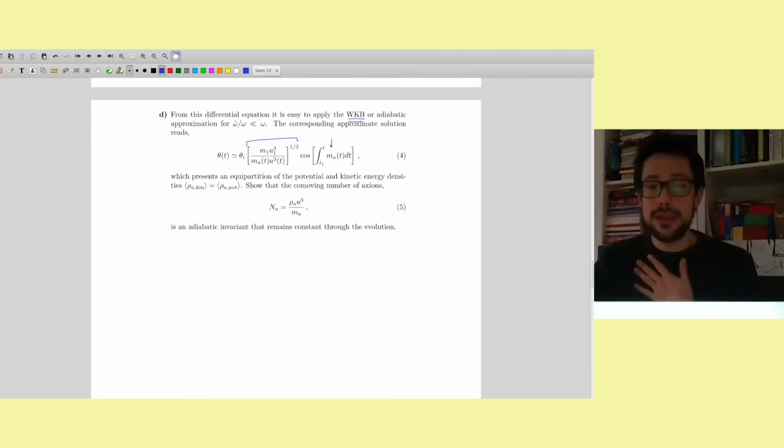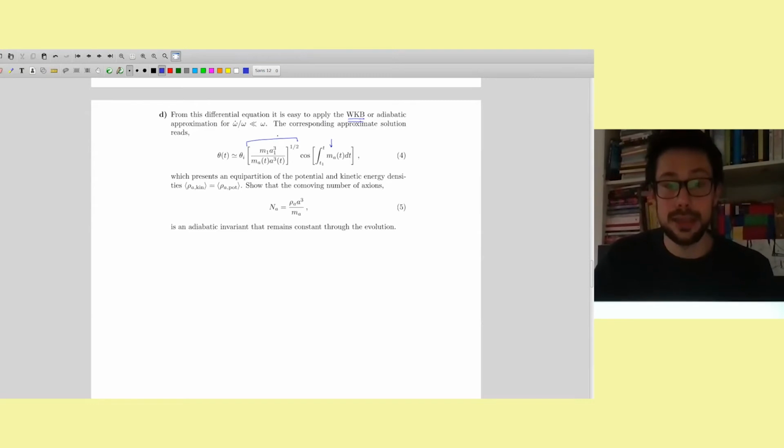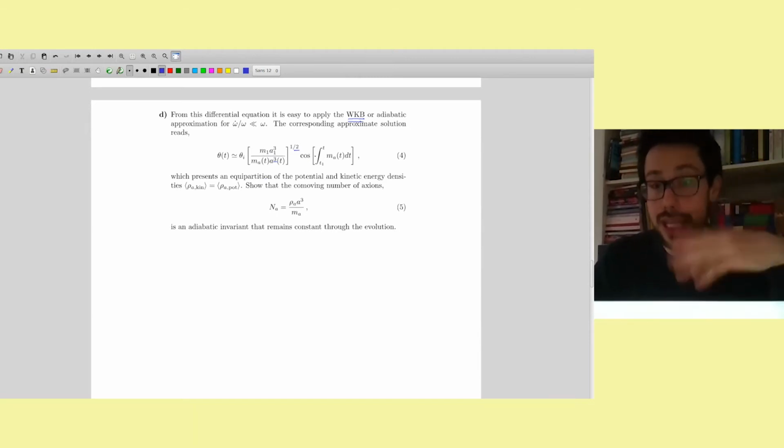If you use this approximation, you can obtain, in full generality for any universe, irrespective of whether it is radiation dominated or matter dominated, and for any dependence of the axion mass, this good approximate solution, in which we see that the axion field still redshifts as a to the -3/2, as you can see from here.